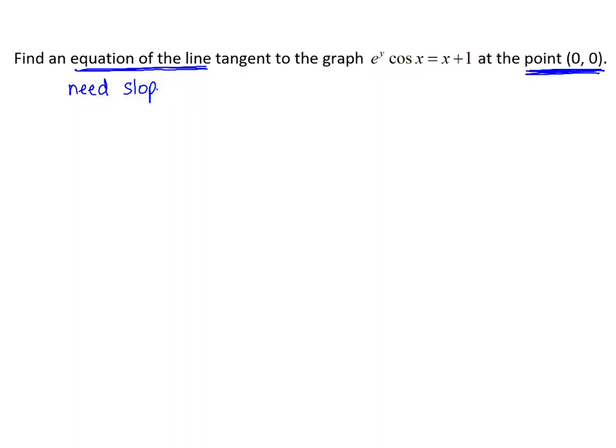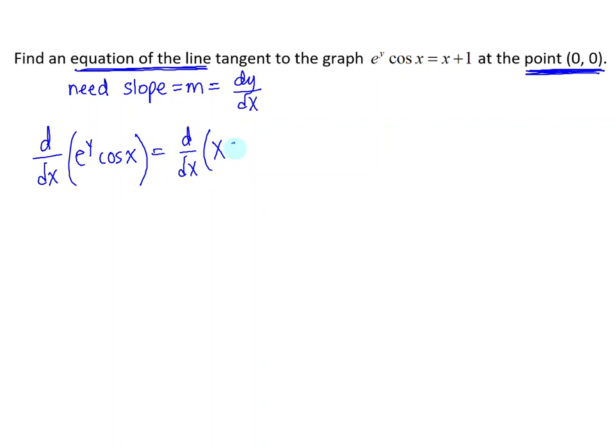I need the slope, which we often call m, but we also call dy/dx, the derivative of y with respect to x. Notice our implicitly defined function. It will be easier to take the derivative implicitly. So I take the derivative with respect to x of both sides, e to the y times cosine x, and the derivative with respect to x of x plus 1.